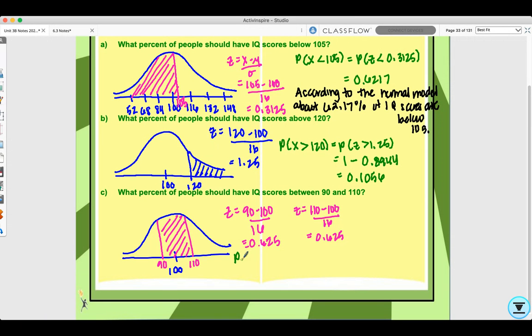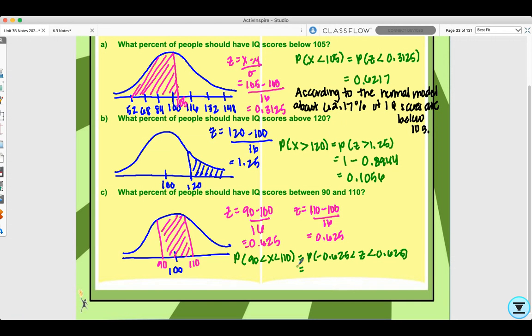So the probability that 90 is less than x, which is less than 110, equals the probability that negative 0.625 is less than z, which is less than 0.625.